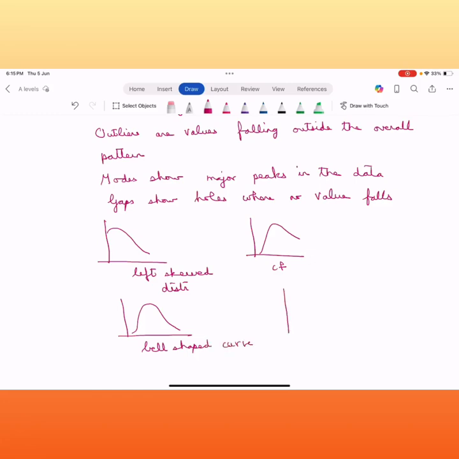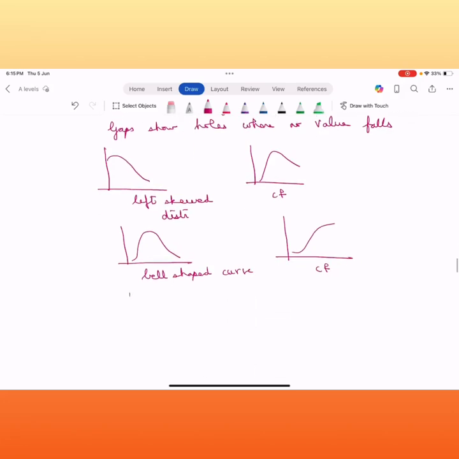And for a bell-shaped curve, this is the cumulative frequency graph. So this is a rather easy curve to remember. And then this is a right skewed distribution. And for a right skewed distribution, this is the cumulative curve.